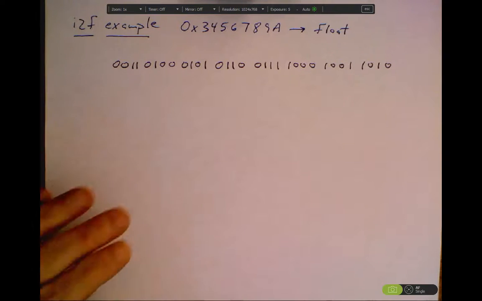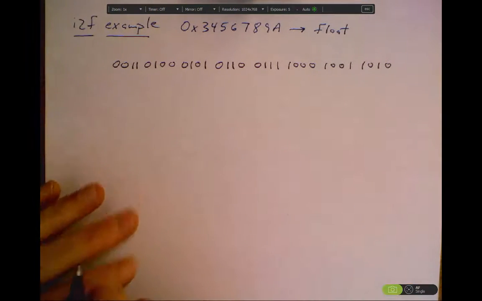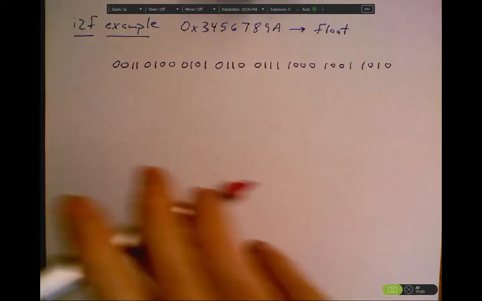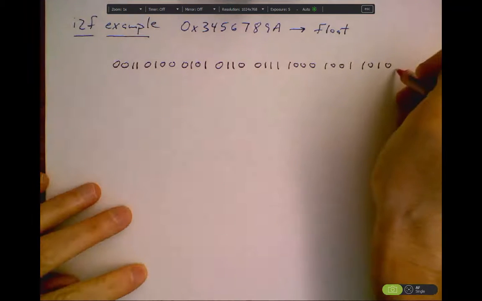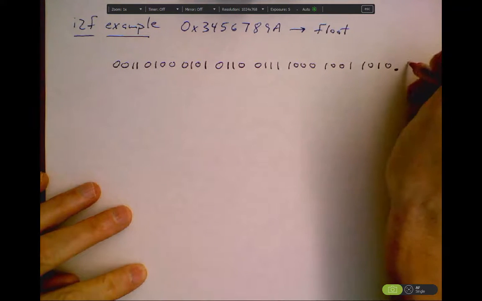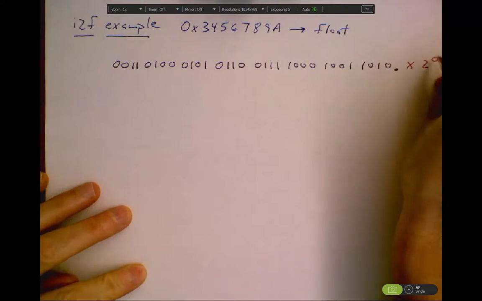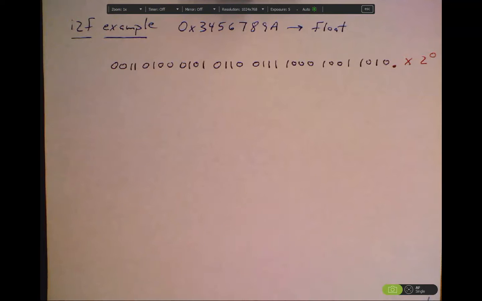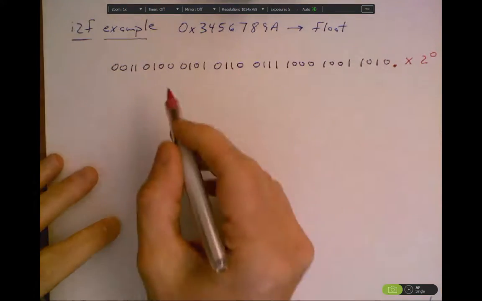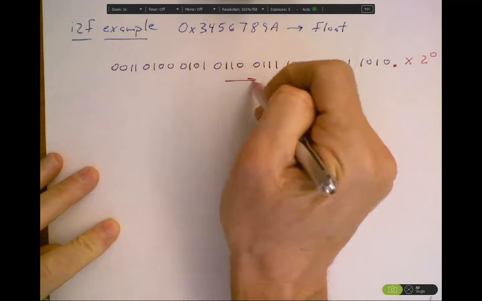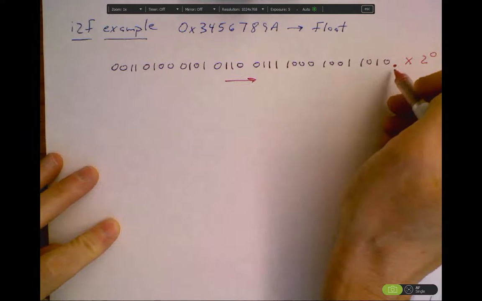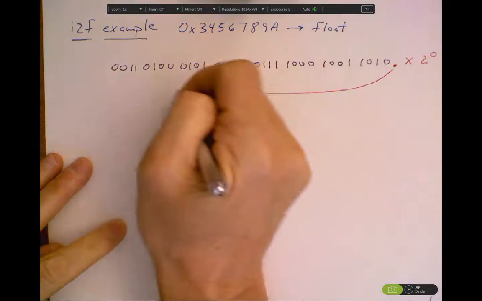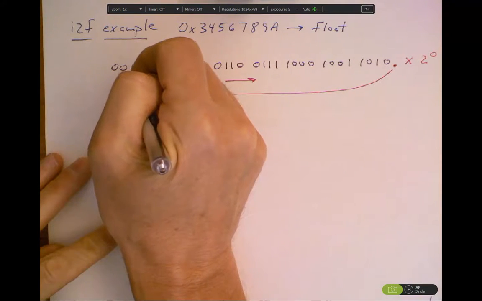In essence, again, I can think of that as being that number with a radix point right there times 2 to the 0. So my first job is to normalize the value. Again, normalization means I've got to shift right, right? I'm going to have to shift right in order to bring the radix point all the way over there.